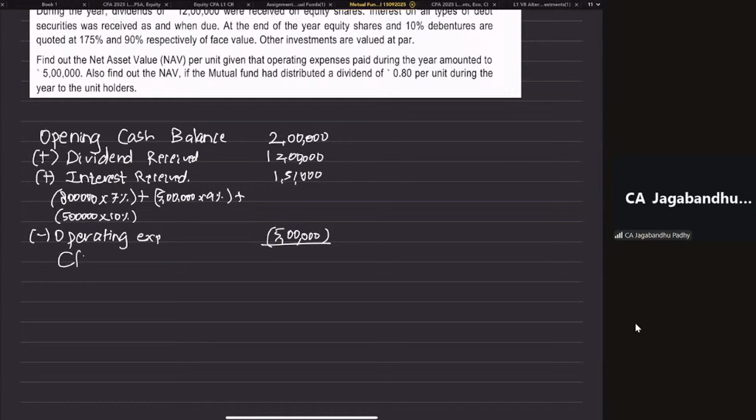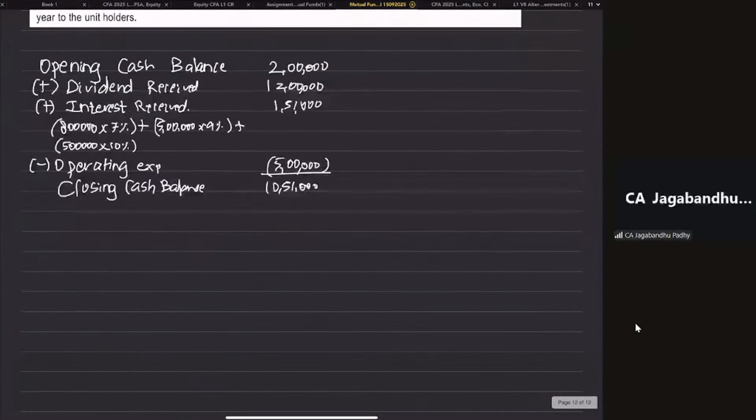And then we have the closing cash balance. When we subtract it, the closing cash balance is 2 lakh plus 12 lakh, 14, plus 1 lakh 51,000, minus 5 lakh, which is 10 lakh 51,000. Then we can go ahead with the calculation of NAV.